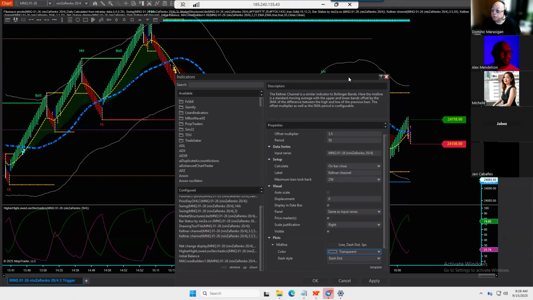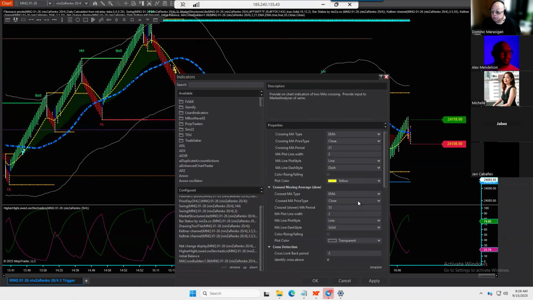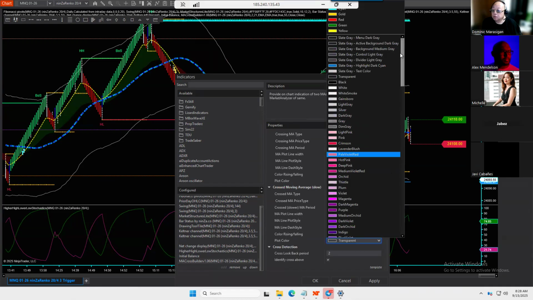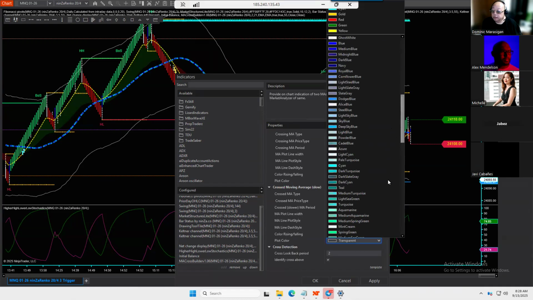And this one I'm going to have as a 55 EMA right here. So this becomes more of a blue. Let's make that more of a teal, cyan.